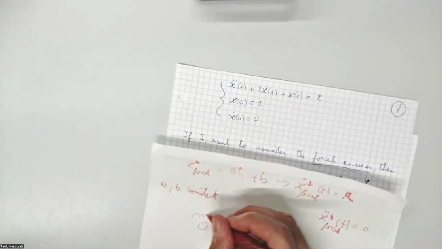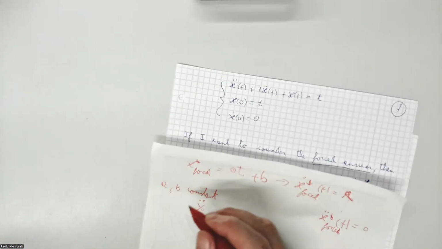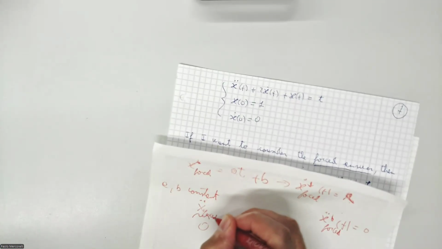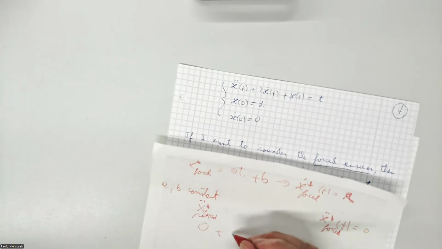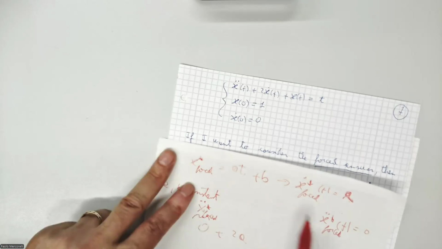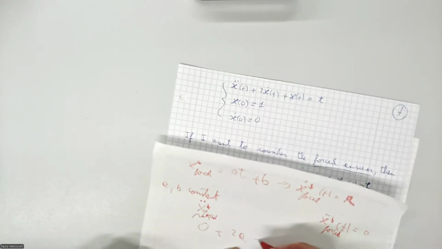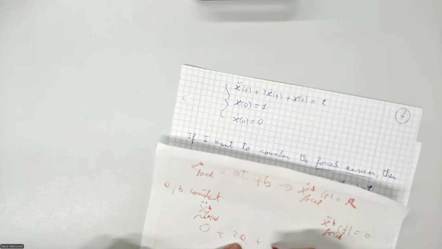This is the second derivative, plus 2 times A, which is this, multiplied, plus this expression.